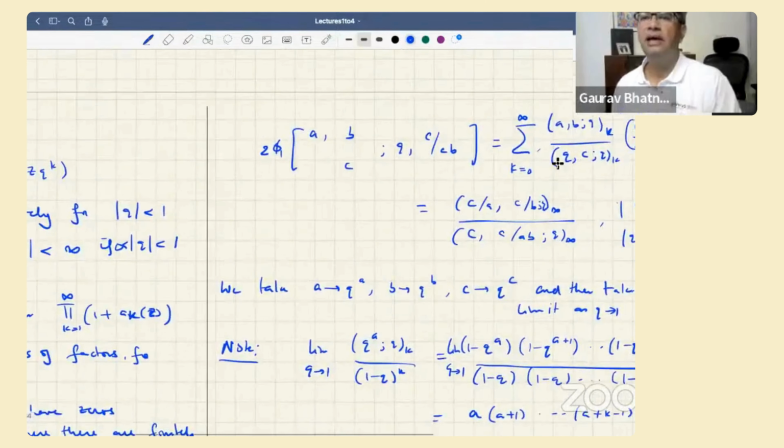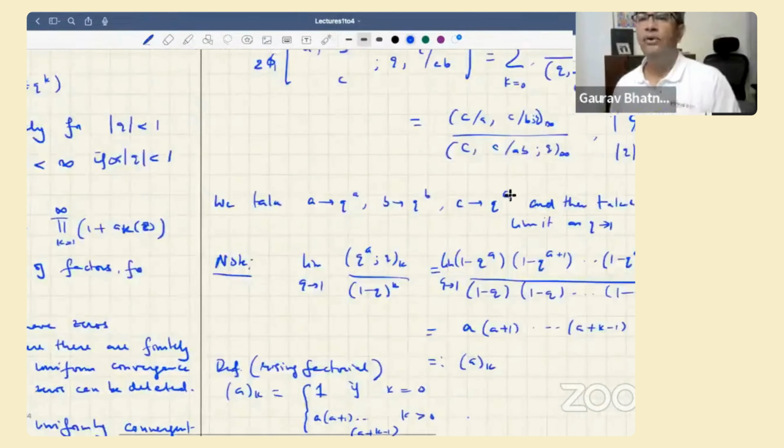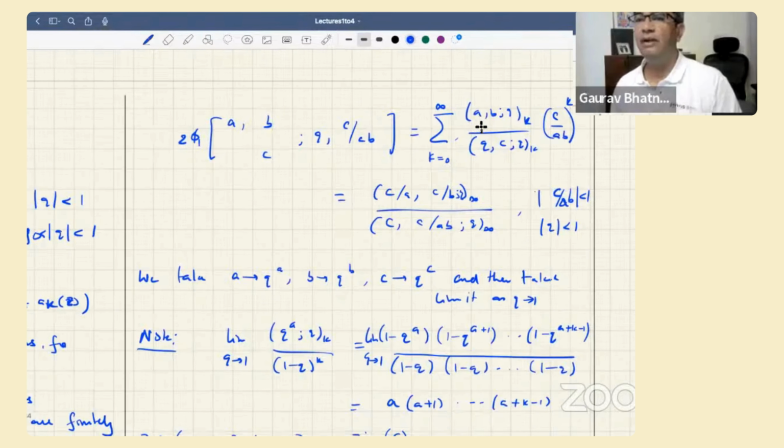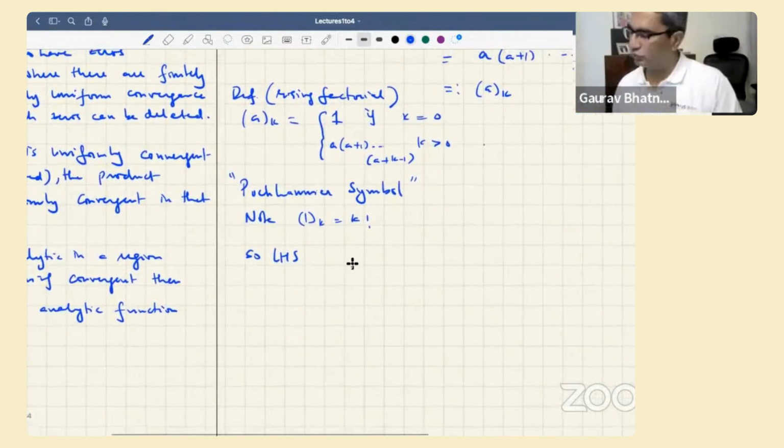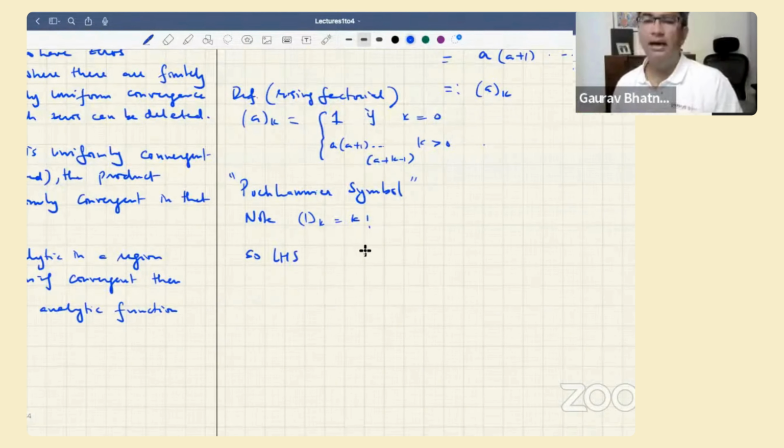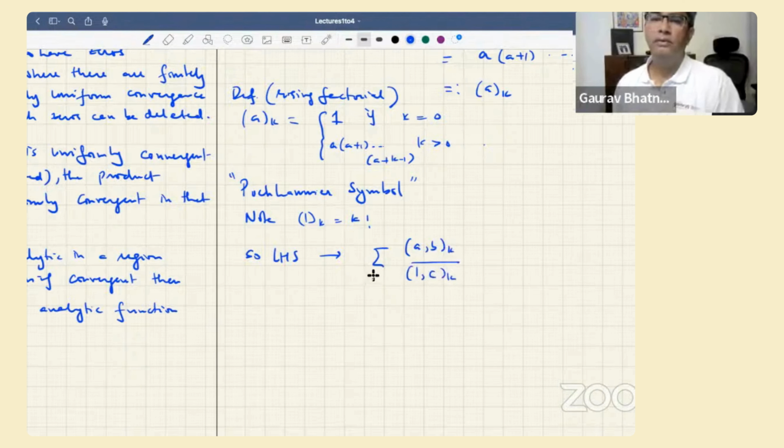So LHS, which means this sum, what we're doing, we're dividing this by 1 minus q raised to k, also dividing here, and we take limits. This is q is replaced, a is replaced by q raised to a, b is replaced by q raised to b, and so on. So the LHS goes to this Pochhammer symbol now, right?